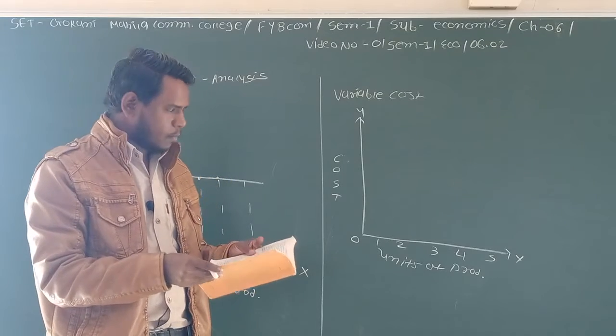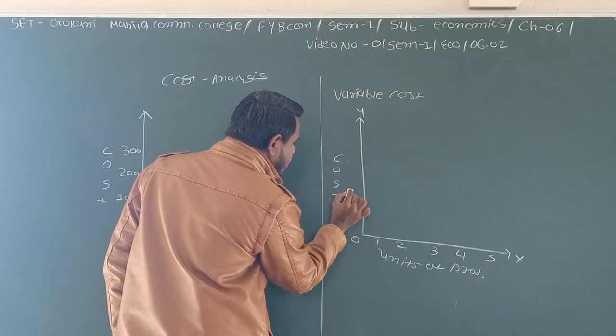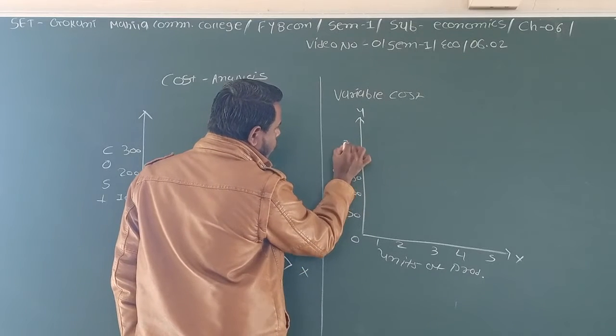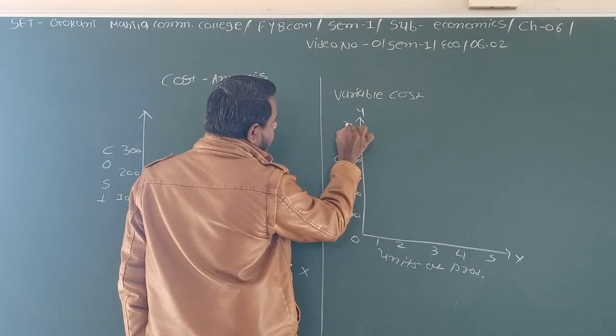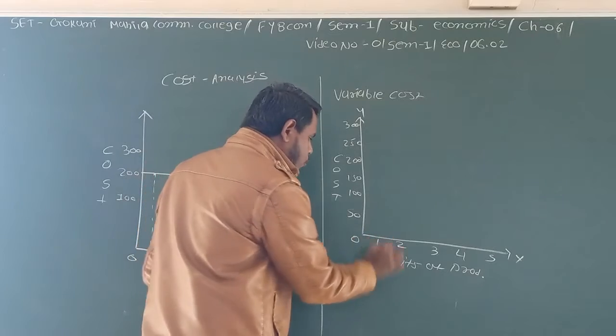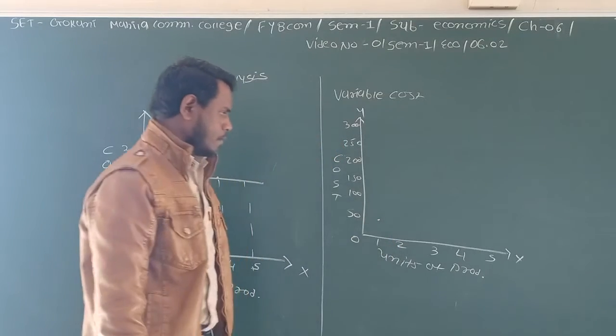So we will not directly copy the diagram. Here the scale is 50, 100, 150, 200, 250 and 300. This is the cost. When you produce only 1 unit, you will have to incur rupees 50.